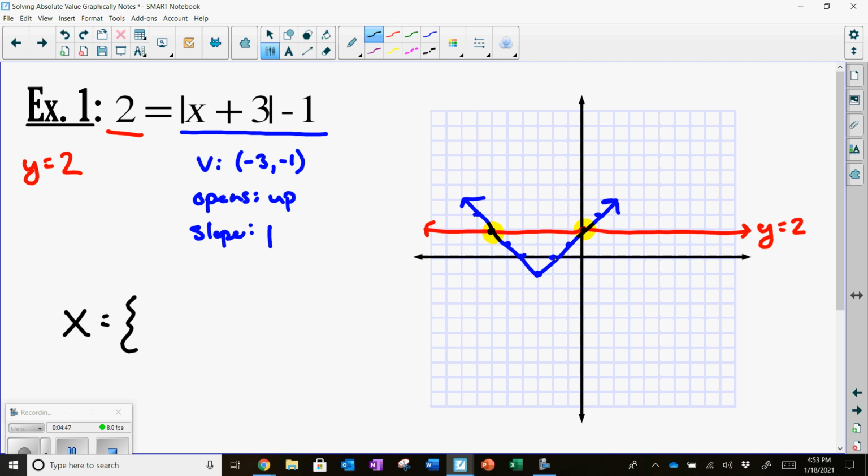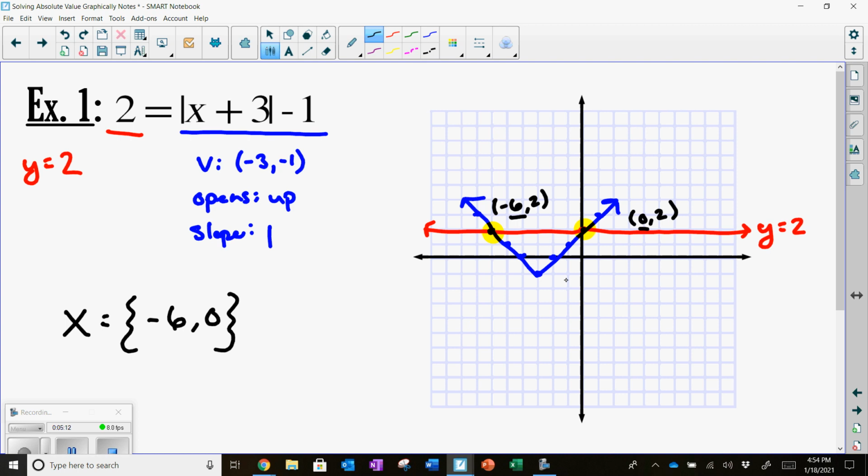Well, this is -1, -2, -3, -4, -5, -6. So this point was -6, 2. And this point over here, that one was 0, 2. So the x values there are 6 and 0. Sorry, negative 6 and 0. So x is equal to negative 6 and 0.